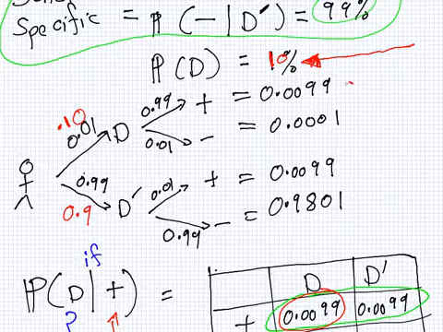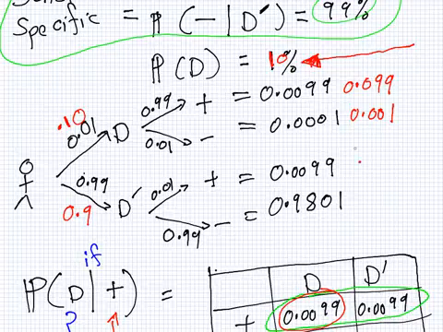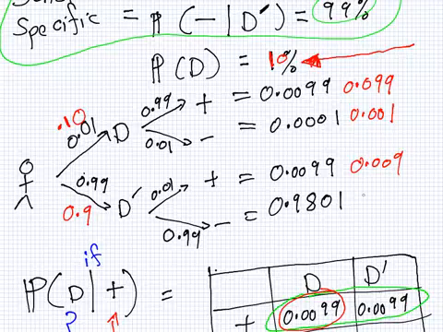So this would be 0.099. This would be 0.001. What would this be? This would be 0.9 times 0.01, 0.009, and then this last one, 0.9 times 0.99, 0.891.